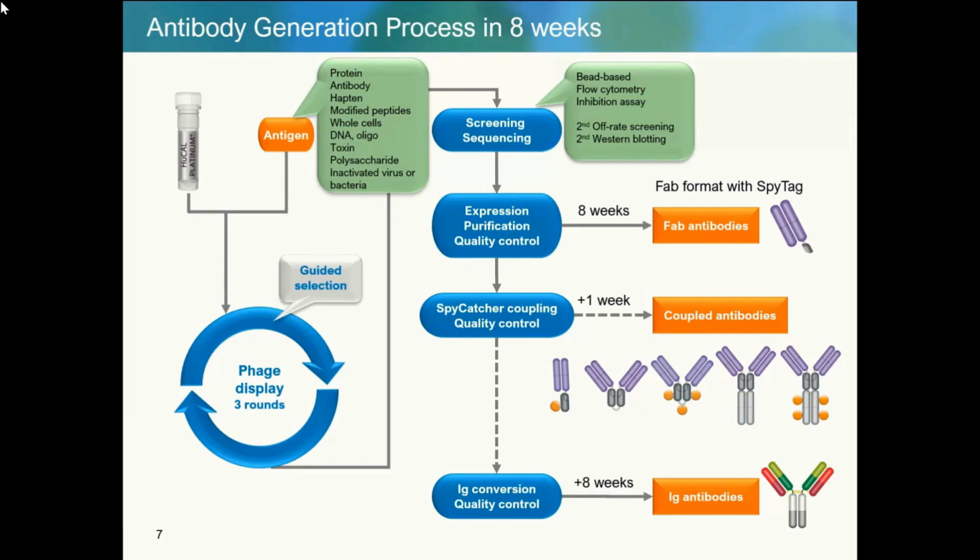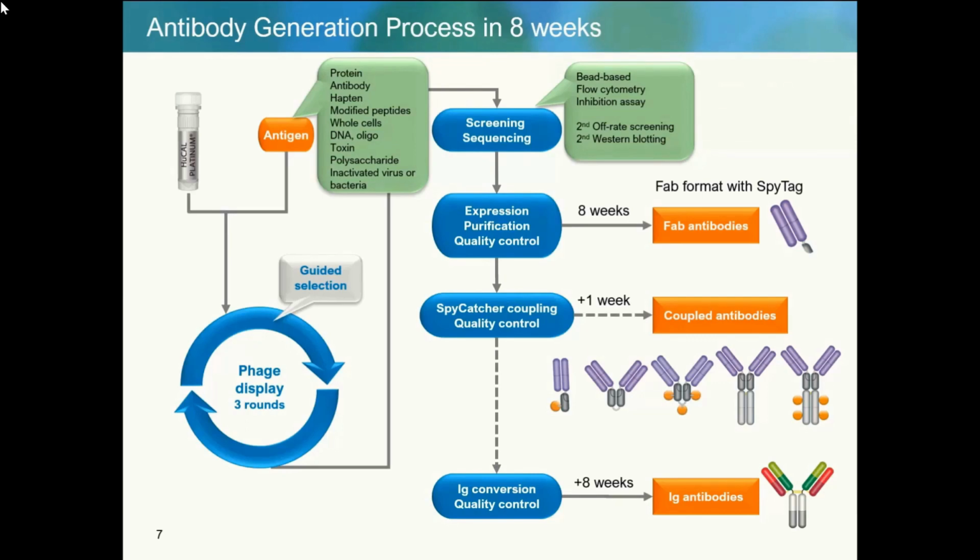The phagemid DNA output is recloned into an expression vector, transformed into bacteria, and single colonies are picked. Around 384 individual clones are grown in deep well plates, and cell lysates are produced containing the UCAL antibodies.